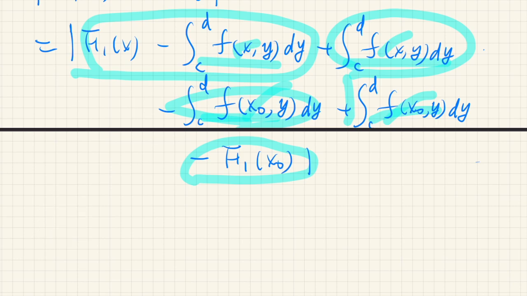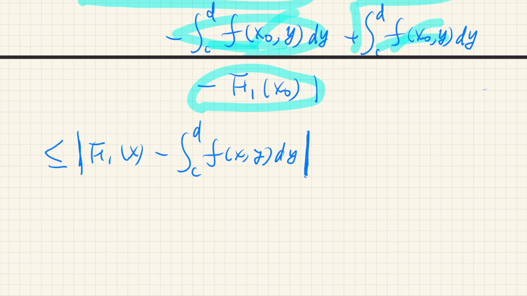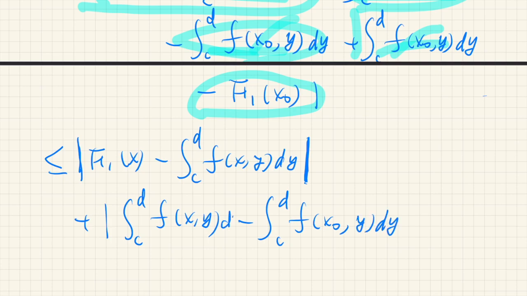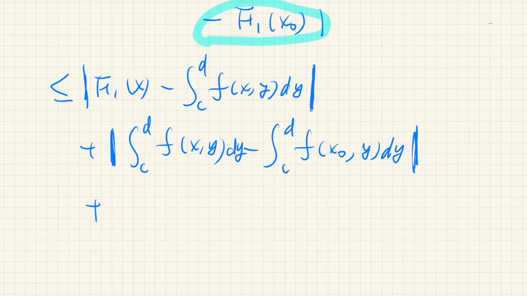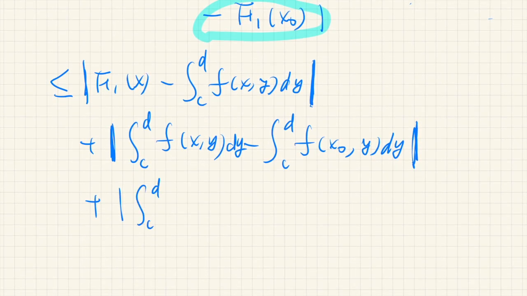So this is actually less than or equal to the absolute value of F1(x) minus the integral from c to d of f(x, y) dy, plus the integral from c to d of f(x, y) minus f(x0, y) dy, another absolute value, and the last term is this one: the integral from c to d of f(x0, y) dy minus F1(x0).